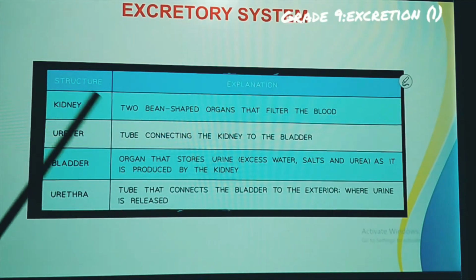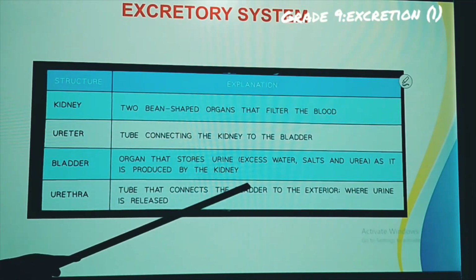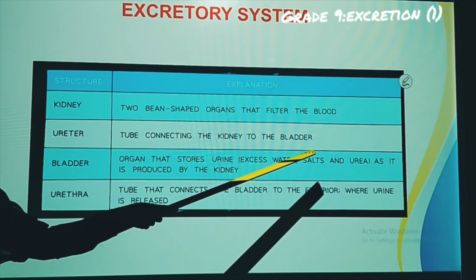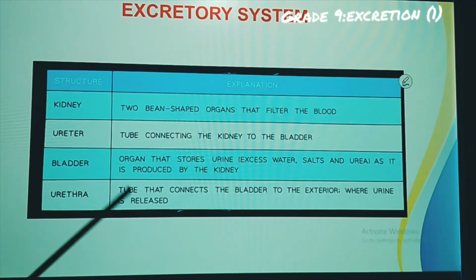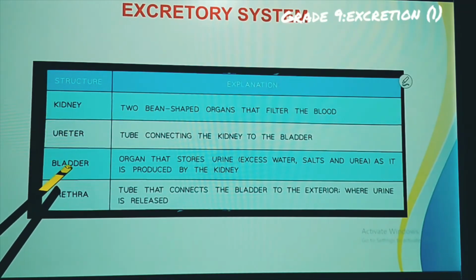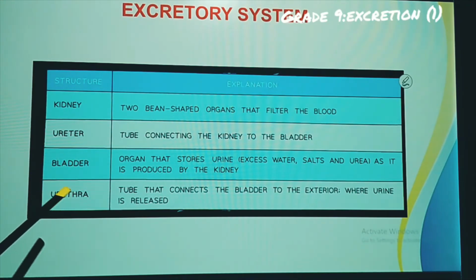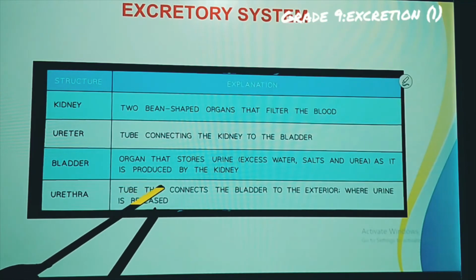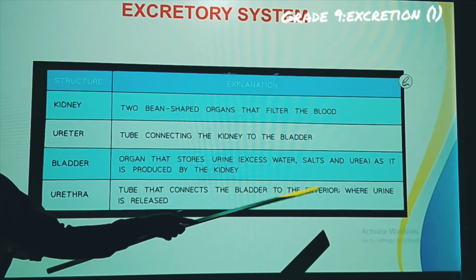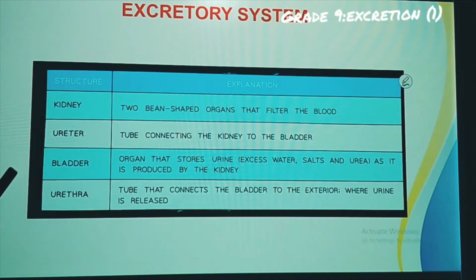The bladder is an organ that stores urine, excess water, salt, and urea as it's produced by the kidney. So when this waste material is produced by the kidney, it goes to the ureter, and the ureter takes it to the bladder where it is stored. And the urethra is the tube that connects the bladder to the exterior where the urine is released.